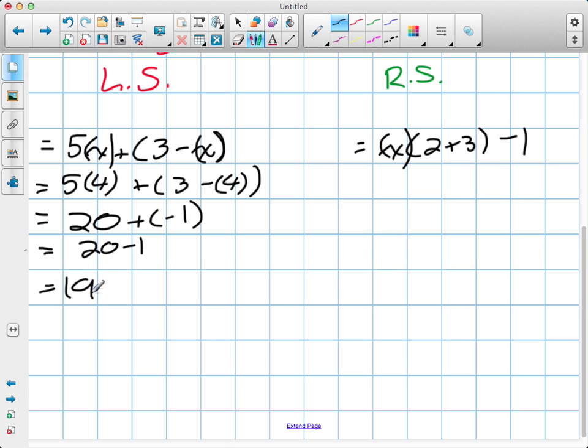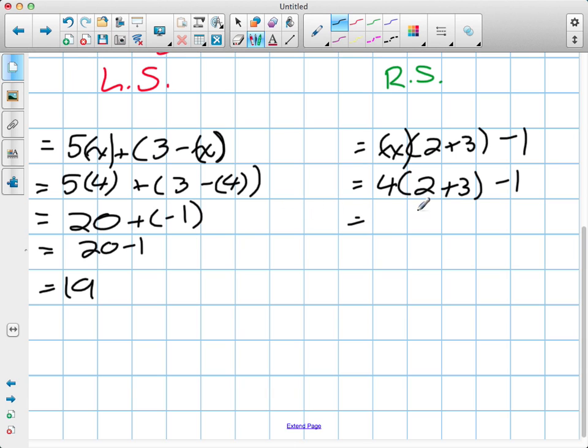19. Okay. Our other side of the equation, x was equal to 4, so we're going to put 4 outside these brackets. 2 plus 3 subtract 1. Now, should I distribute this 4? Why not? What's that? Say it again?